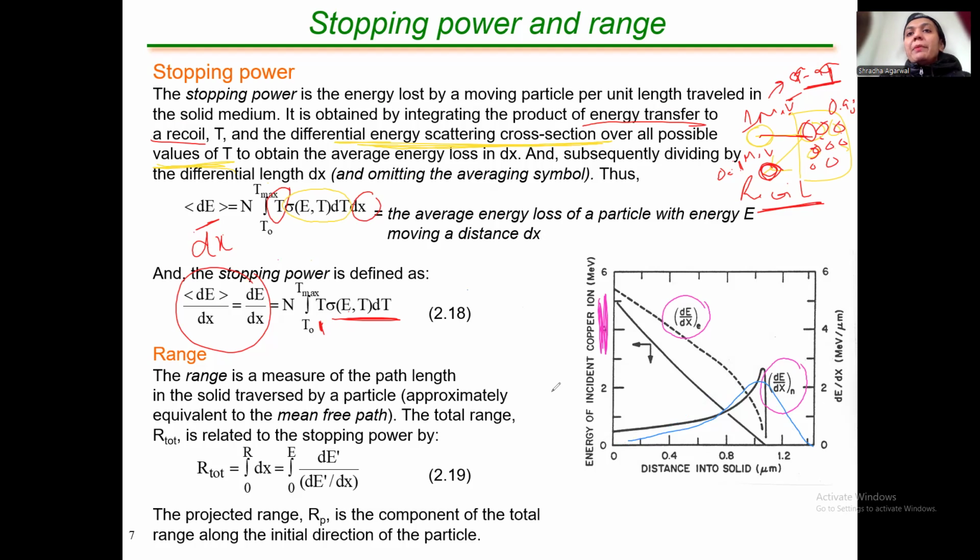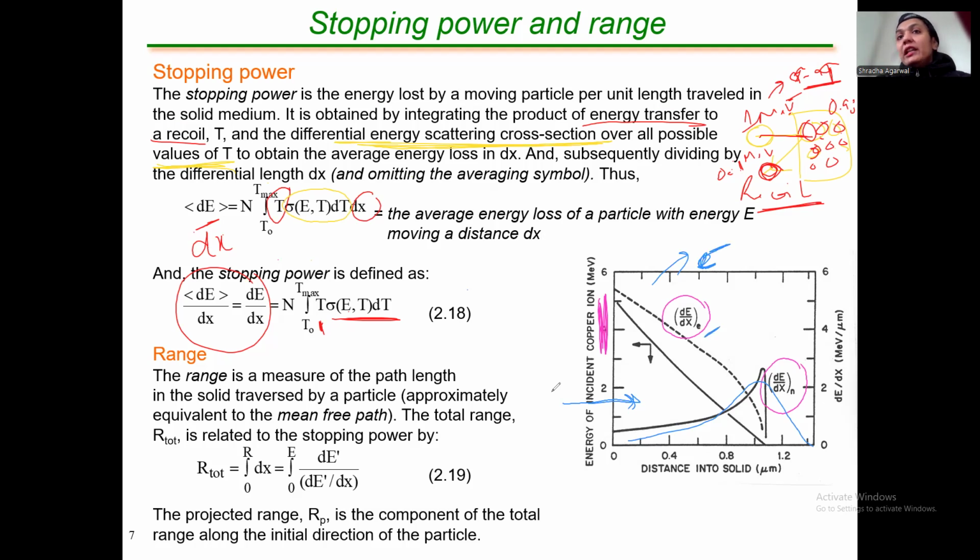Now, the incident particle, the copper ion, came inside. This range is where it stopped finally. So before stopping, it was doing all kinds of interactions, right? It is not possible that in the beginning there was no interaction. And the takeaway from the last class, from the last slide, I said at very high energy, electron energy loss is dominant, right?